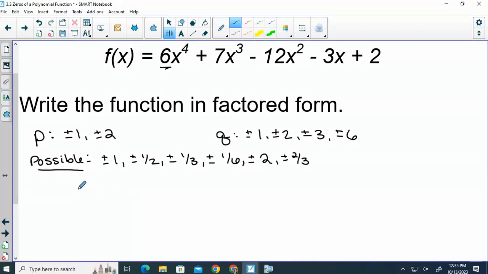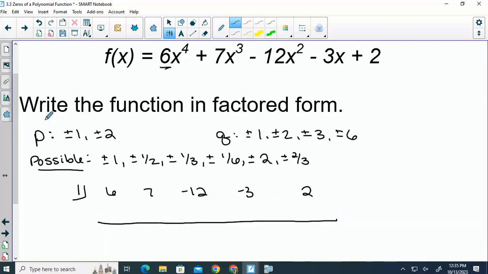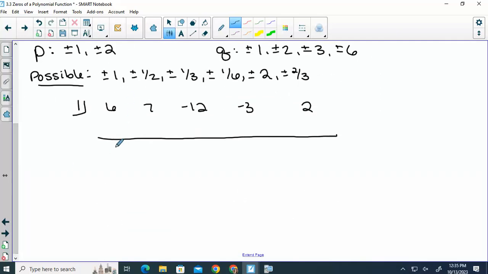So once you find one that works, and again, how do we know it works? Then we can do synthetic division. So 6 comes down, 13.